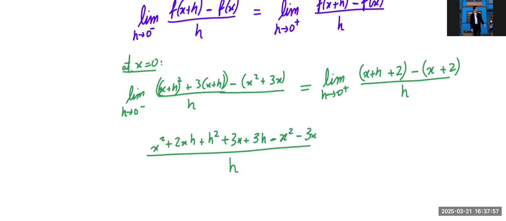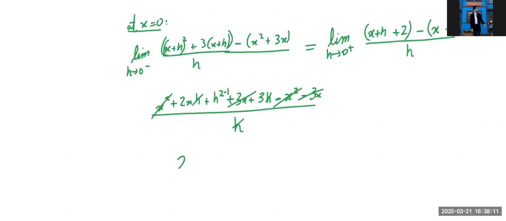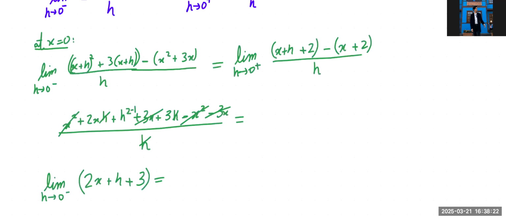Let's do any cancellations that are possible. Since I see that this term has an h in it, this one has an h, and this one has an h, I can cancel h with these, which leaves me with 2x plus h plus 3. On the left side, that's my limit. And on the right side, it looks easier: x plus h plus 2 minus x minus 2, all over h.